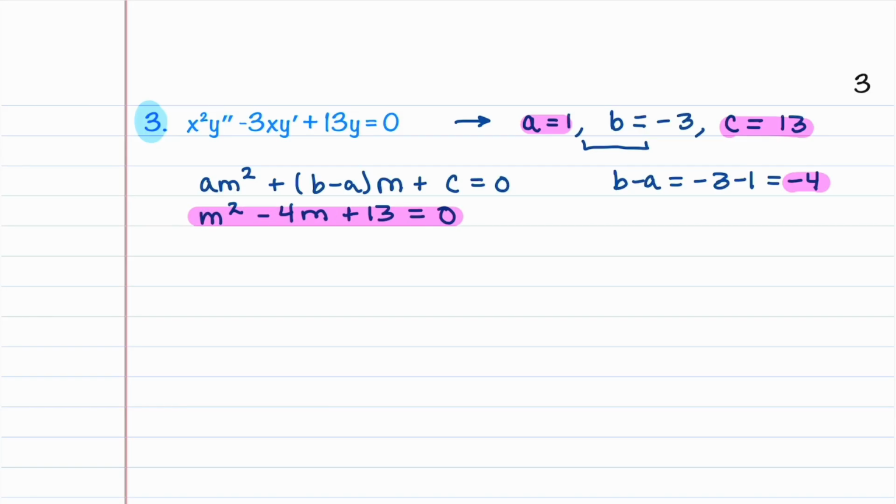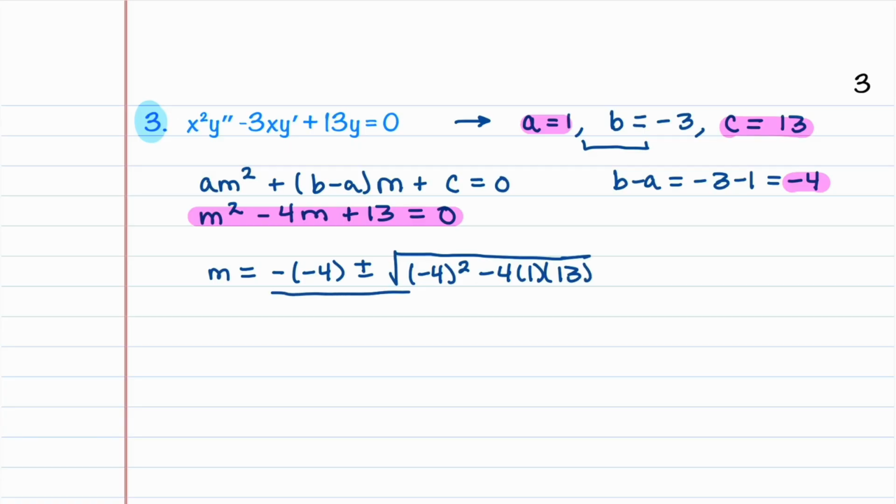Now we have to solve that. To factor this, we're going to have to use the quadratic formula. So we get m is equal to negative b, so that's minus a negative 4, plus or minus the square root of b squared, so that's minus 4 squared, minus 4 times a, which is 1, times c, which is 13. And we're going to divide all of this by 2 times a, which is 1. Let's see what we get.